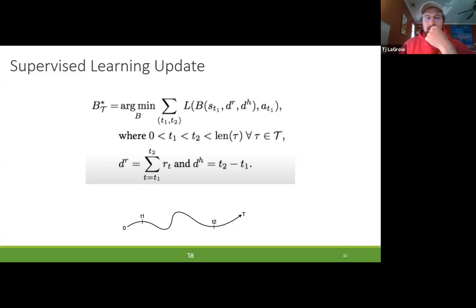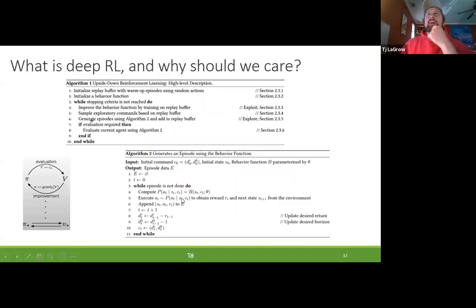Specifically, that is the episodic data being stored from the behavior function. The behavior function is trying to learn all given actions of that state and action pair, given the desired return and the desired horizon, and then ranking them and storing them accordingly in the replay buffer. Does that make sense?